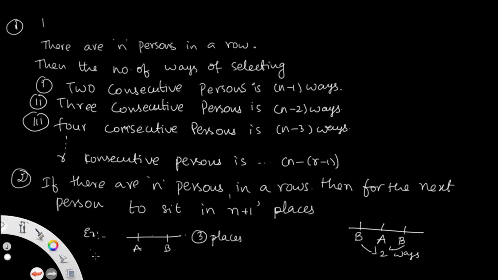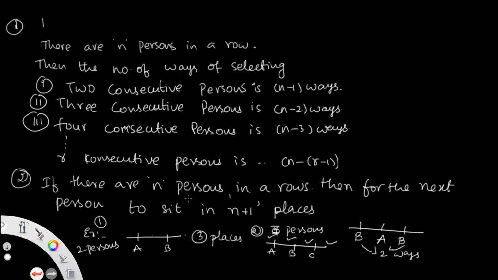If 2 persons are there, example 1. Example 2: 3 persons are there. Suppose A, B and then C. How many ways? This is the first way, second way, third way and fourth way.